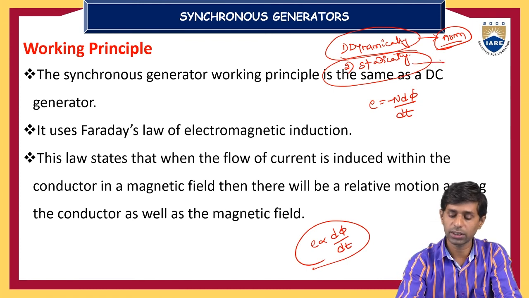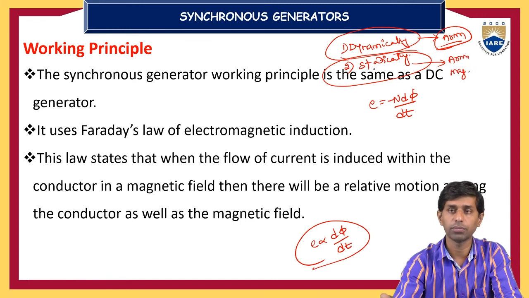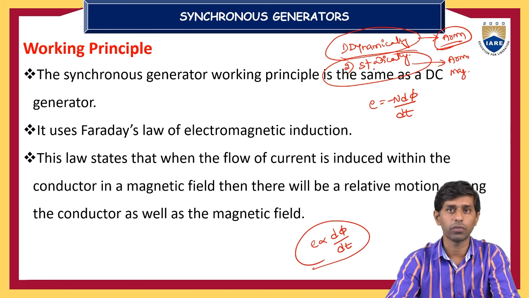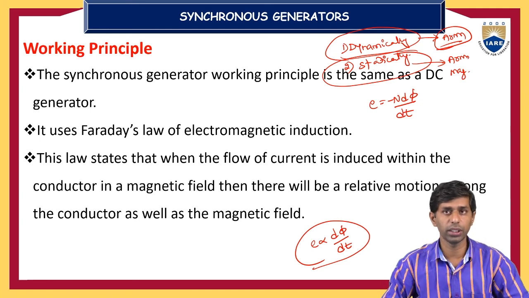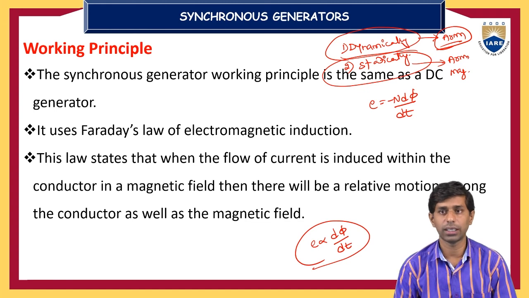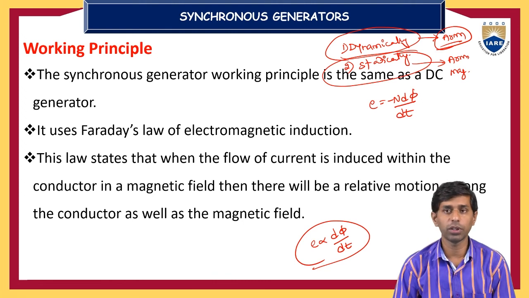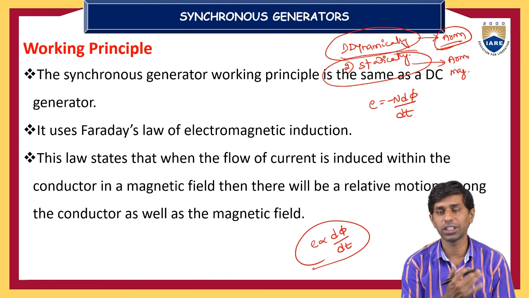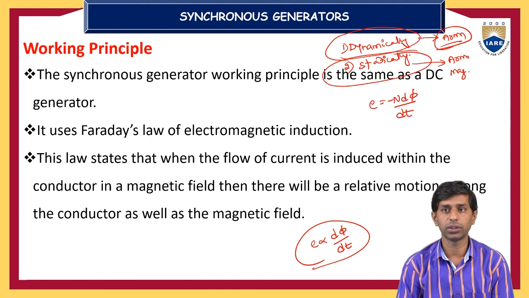If the conductor, the armature winding, is stationary and the magnetic field is rotating, that comes under statically induced EMF. In this case, I am assuming the armature winding is stationary and the magnetic field is rotating. So the induced EMF in the synchronous generator is statically induced EMF, where the magnetic field rotates with the speed of the prime mover and the armature winding is stationary.